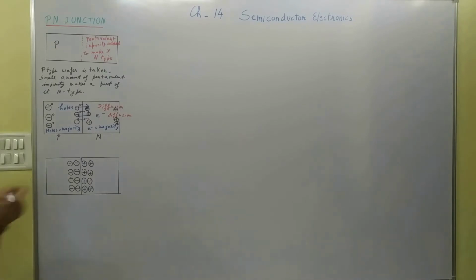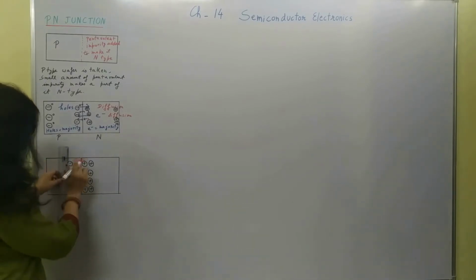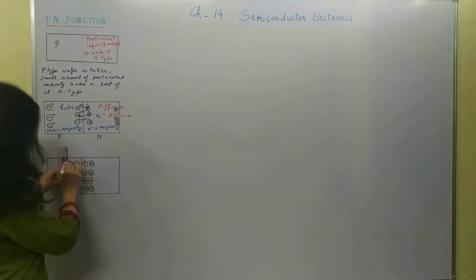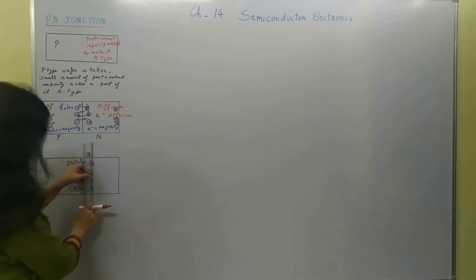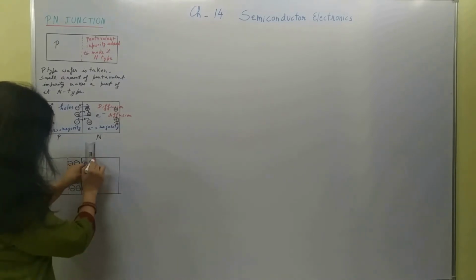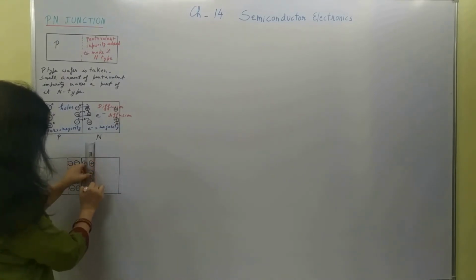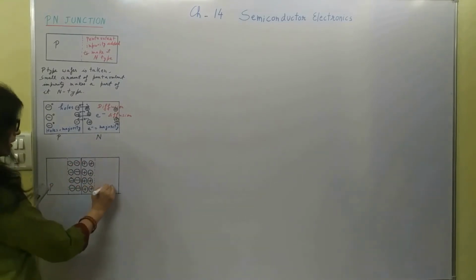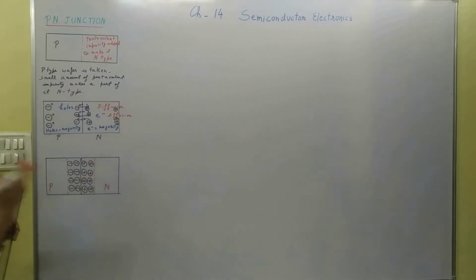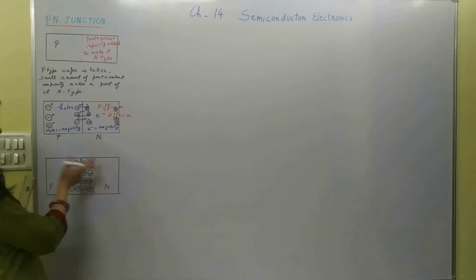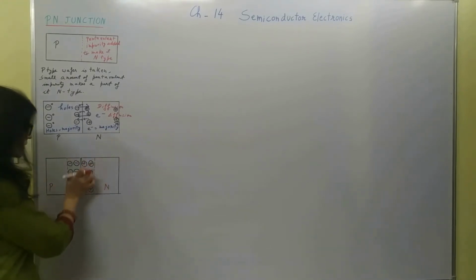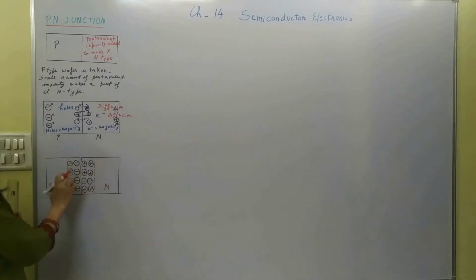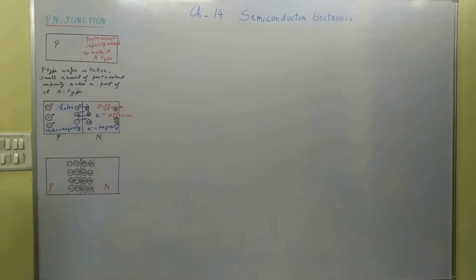Therefore, we can say that this layer, which is formed due to the diffusion of holes from p side to n side and electrons from n side to p side, is a layer where there are no free electrons or holes.